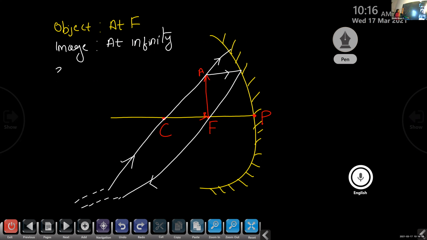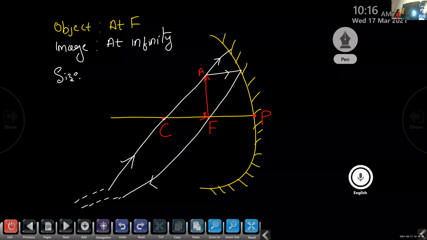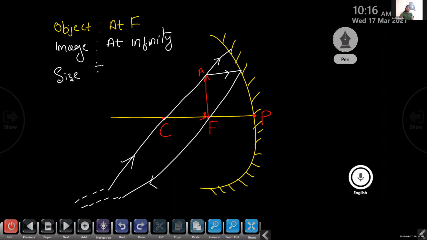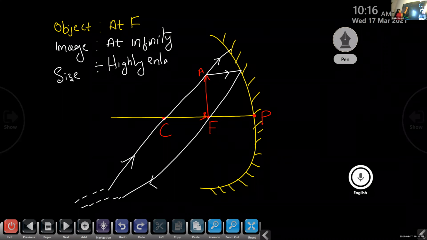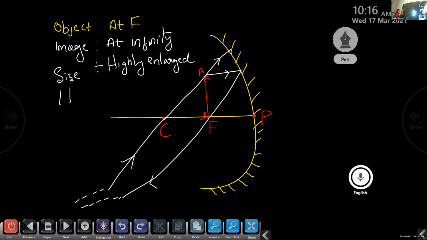And what about the size of the image? Because here the object is placed at the focus of the mirror, what about its size? It is highly enlarged. What about the nature of the image?